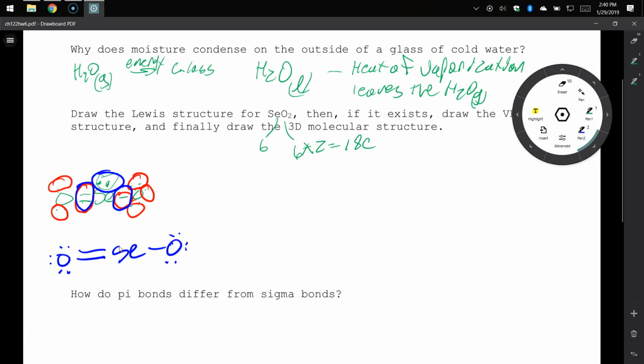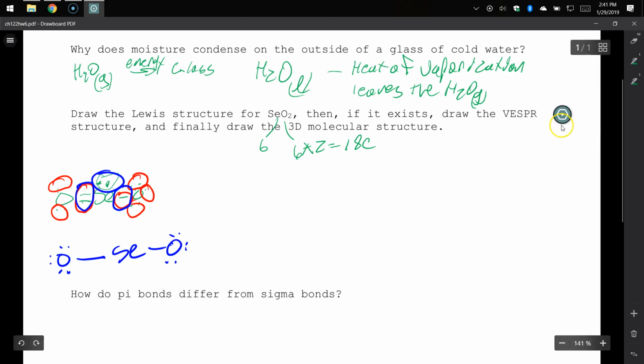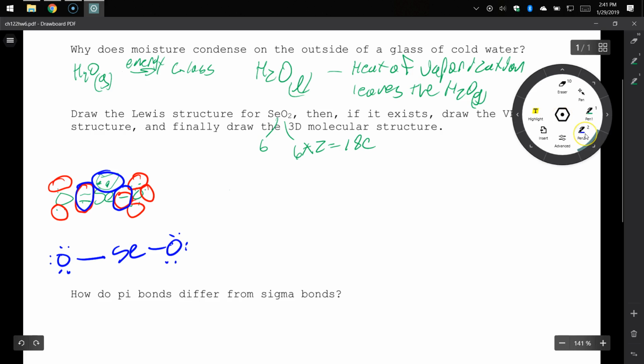One, I haven't changed the number of electrons on the selenium, and two, now the oxygen sees 10 electrons, and that's not allowed. Another way to think about it: if I'm trying to make double bonds to increase the number of electrons, I have to take them away from an atom that's already seeing 8. The selenium can't use its own to make a double bond because it's already not seeing enough.